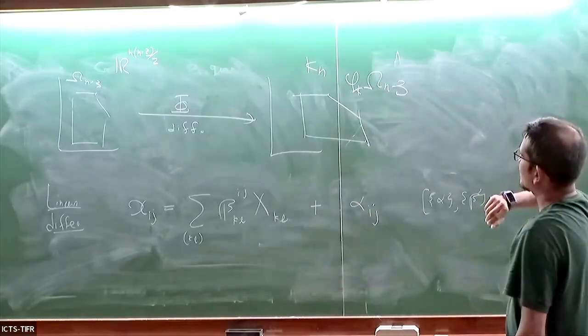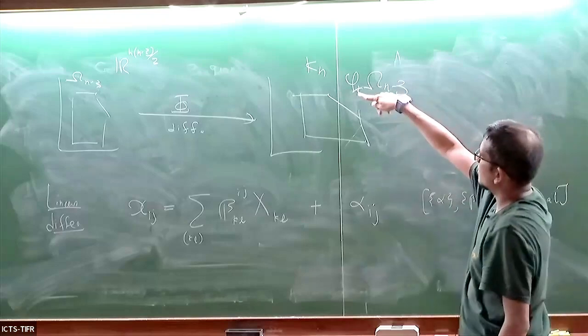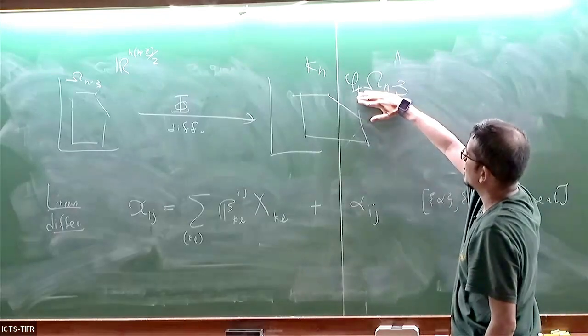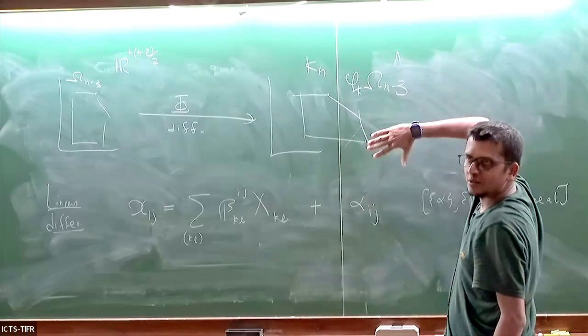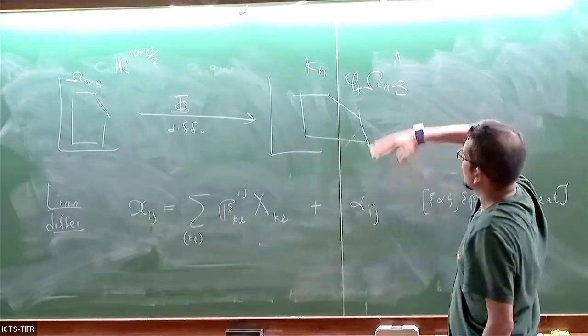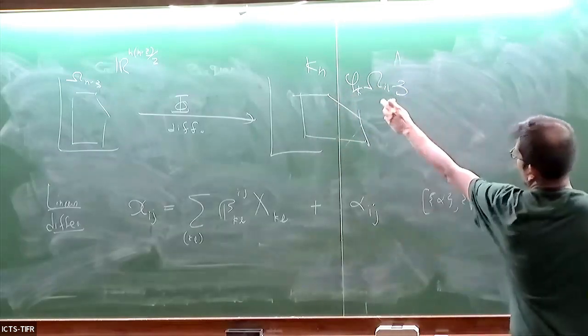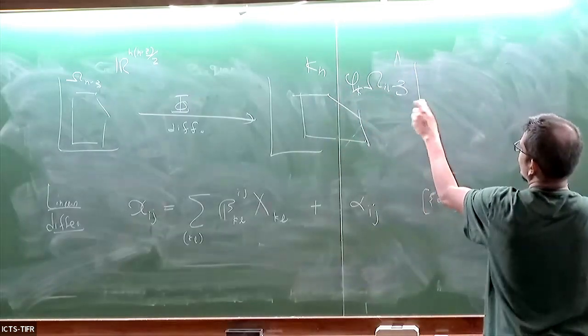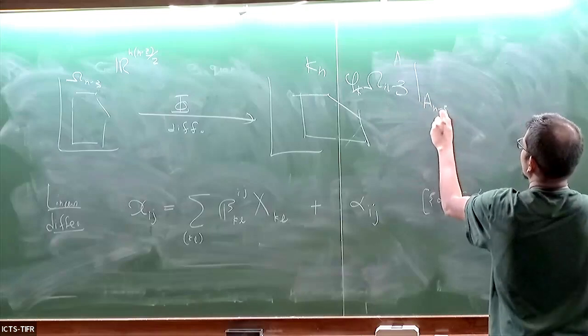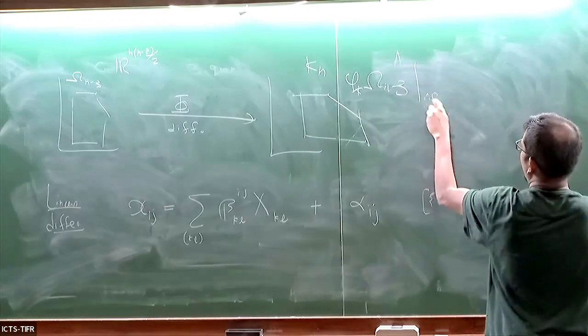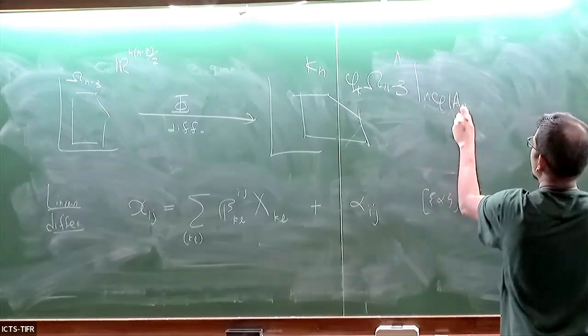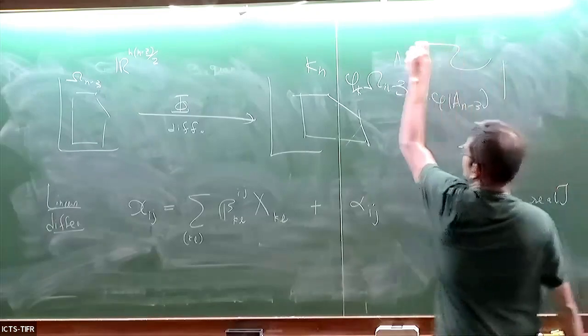Now the question we want to ask is, for any such diffeomorphism, because this form is over all space, let's do the simplest thing we could do, which is to look at the restriction of this form on this associahedron. So I take this form and I restrict it to my A_{n-3}, which is actually phi of A_{n-3}.